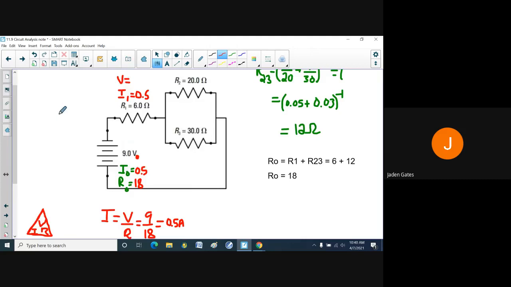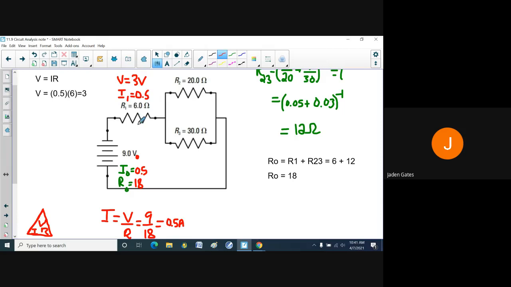And so because V equals IR, I can find the voltage going through the first load. So the voltage here through the first circuit, I'm going to have 0.5 times 6, which of course is equal to half of 6, which is 3. All right, so I just found another value, 3 volts.